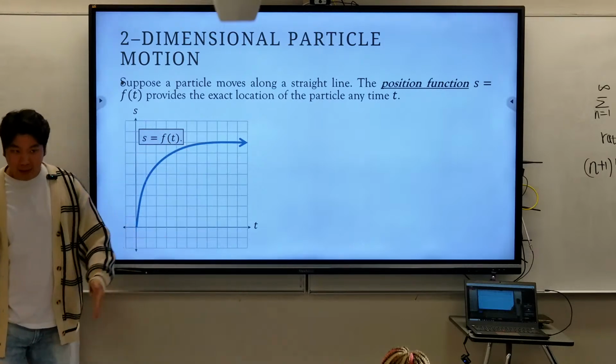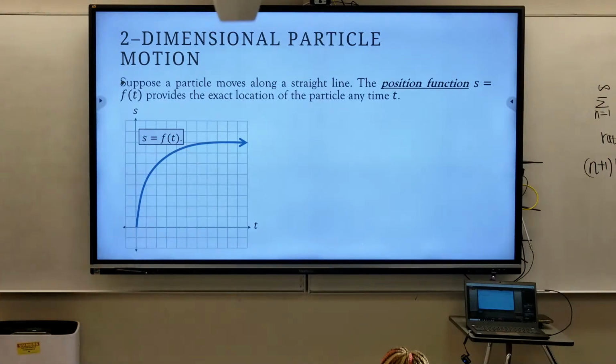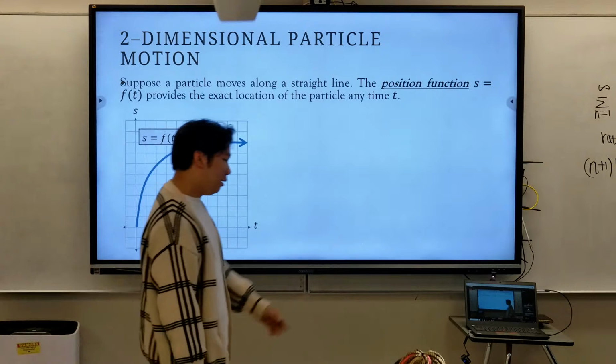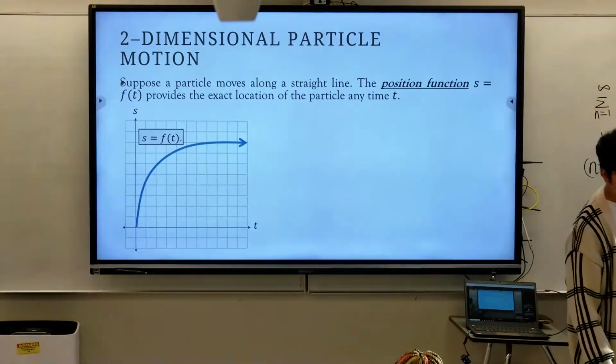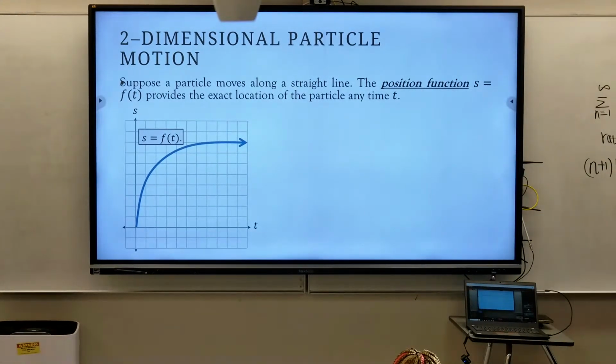If I was doing this, imagine that I'm walking along a line. The way I would model this is that here's time 0, and then I'm walking away from my point, eventually slowing down up to a certain distance. That's how this describes my particle motion.